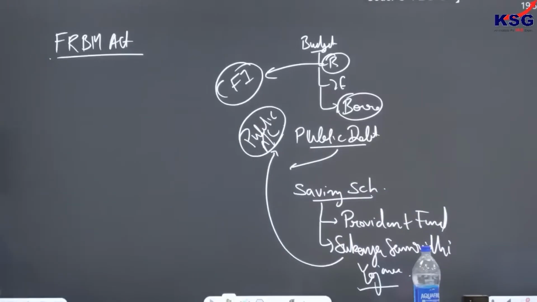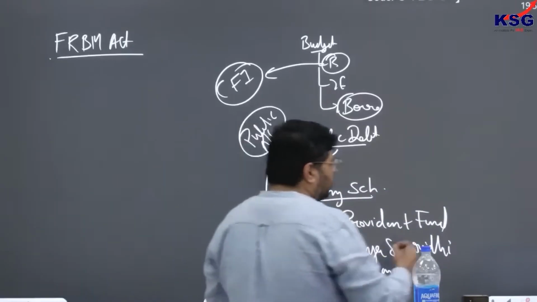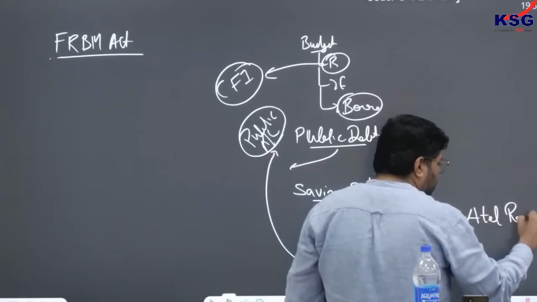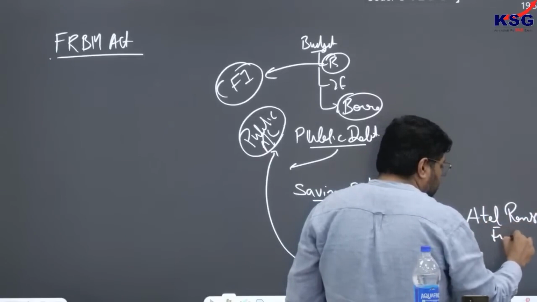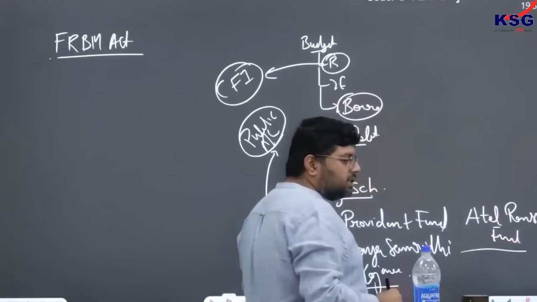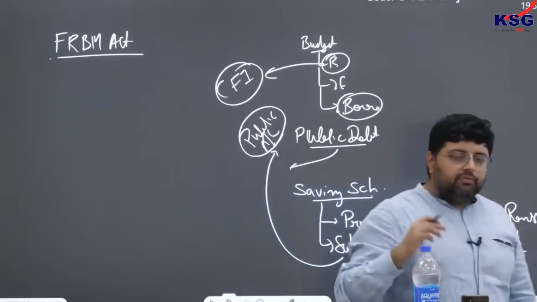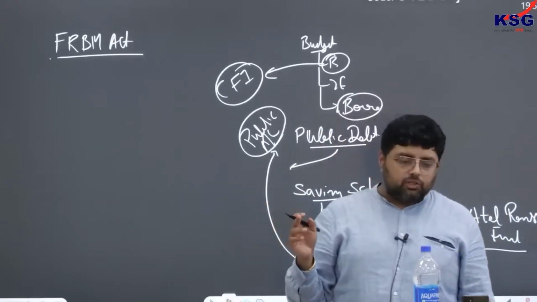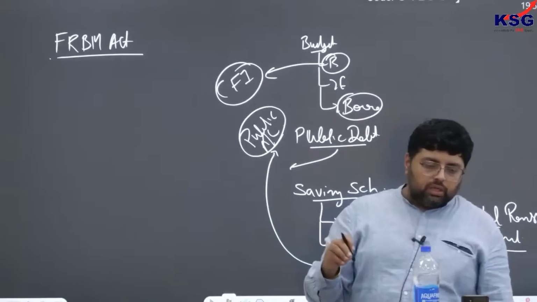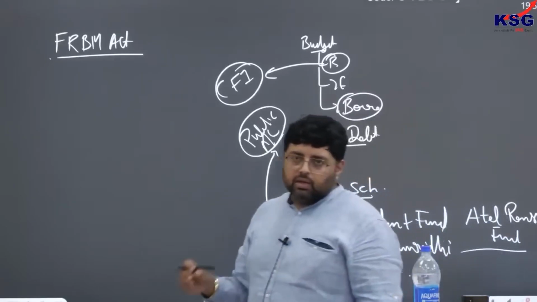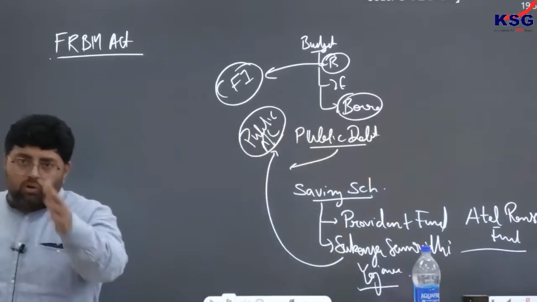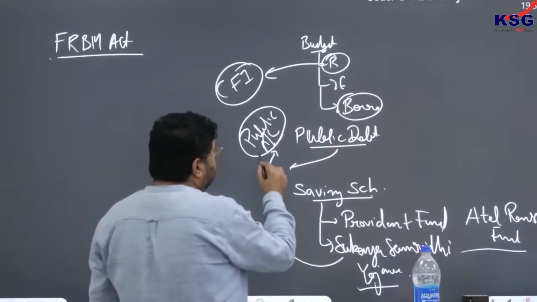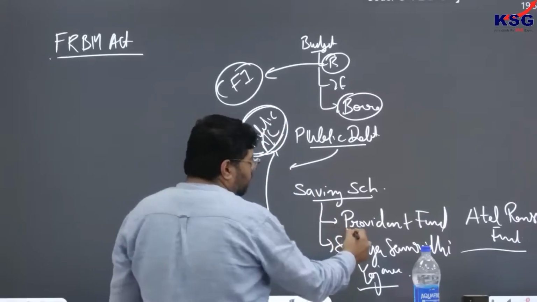Plus you know that the government collects money through some schemes like Atal Pension Yojana. Similarly, we have talked about in agriculture, Pradhan Mantri Kisan Man Dhan Yojana. There also money is collected. As I told you, it goes to the pension fund, and ultimately it is a part of the public account, like provident fund.